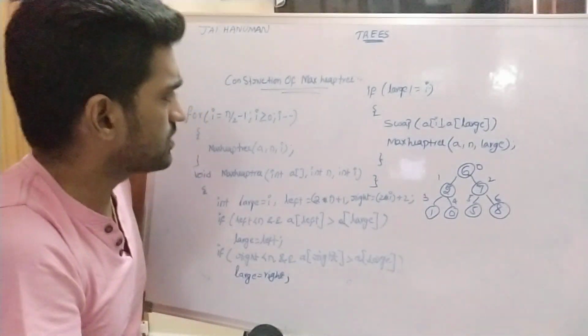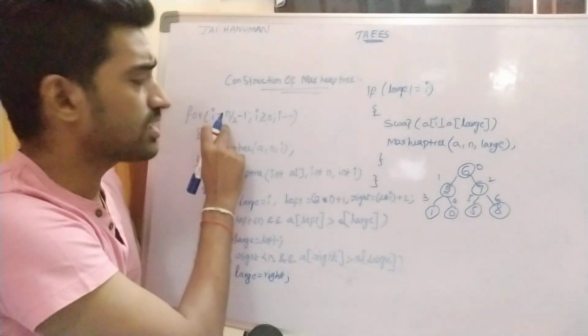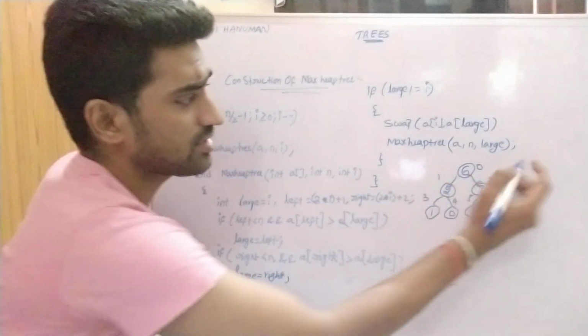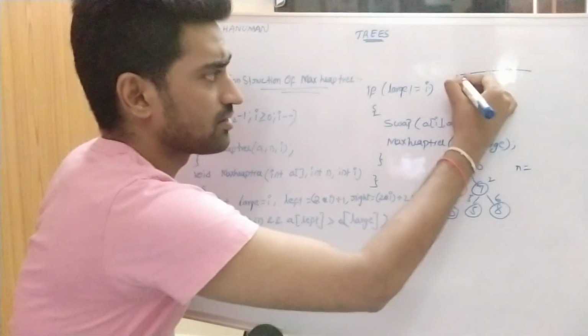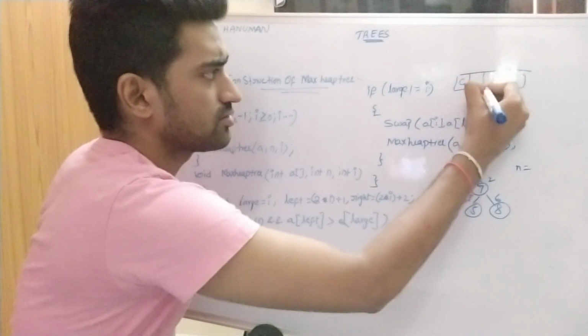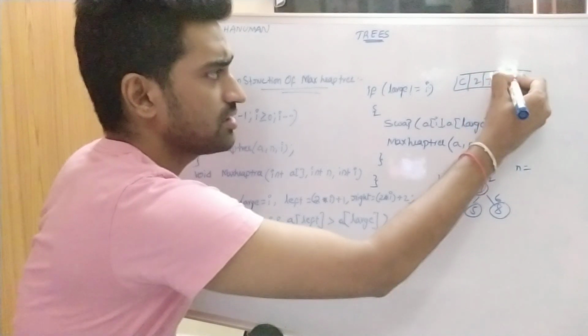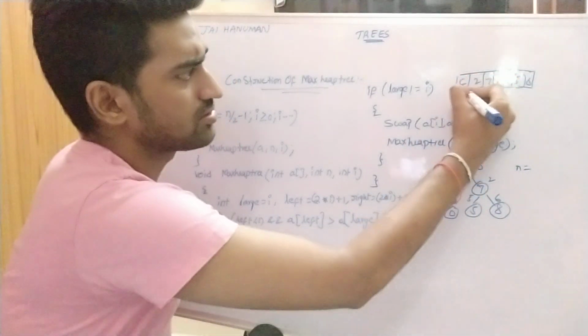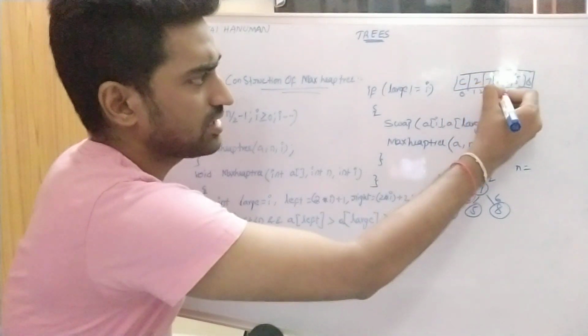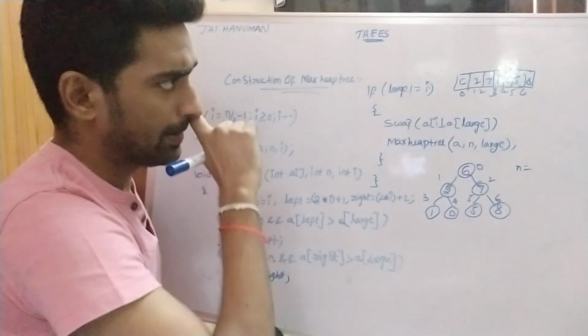First of all, we check the condition I is equal to n by 2 minus 1. Here n is the number of elements in the array. The array is 6, 2, 7, 1, 0, 5, 8, with indexes 0, 1, 2, 3, 4, 5, 6.